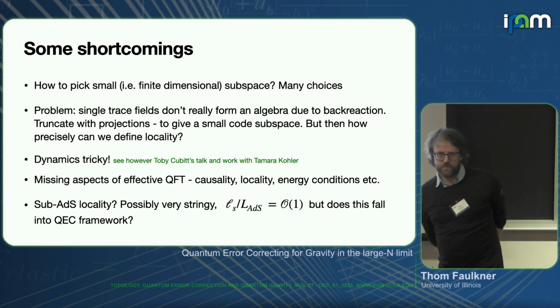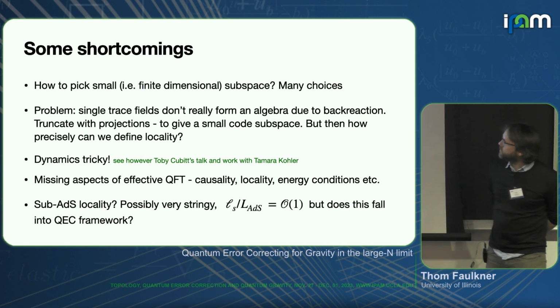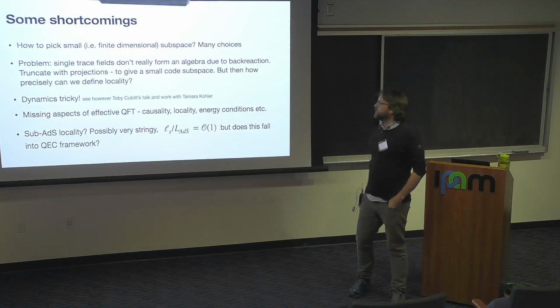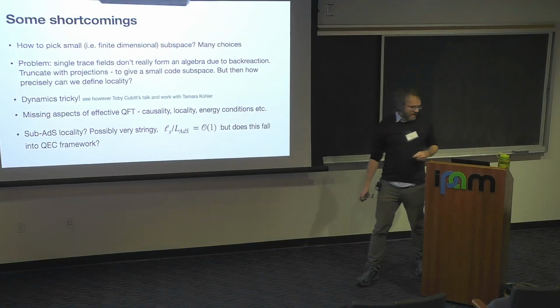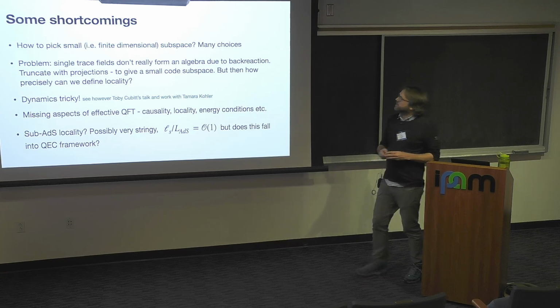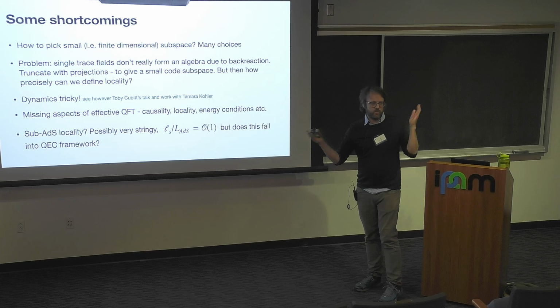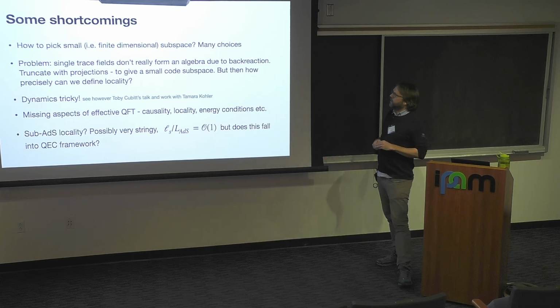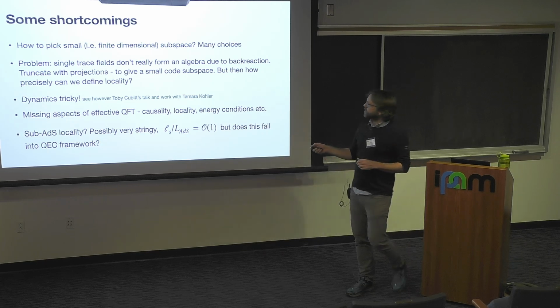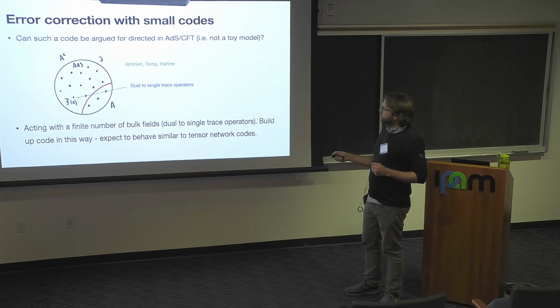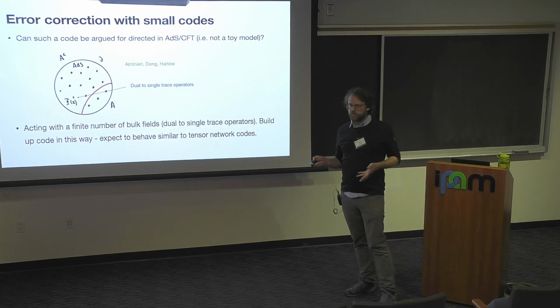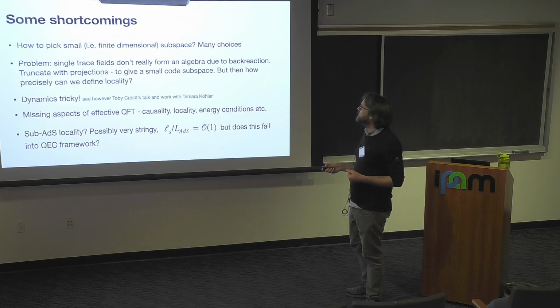But let me point out some shortcomings. There's some question about how to pick these small subspaces. There are many choices, and which one is the most natural? In this description, the things that we're acting with are related to something called single trace fields, which I'll talk more about later.